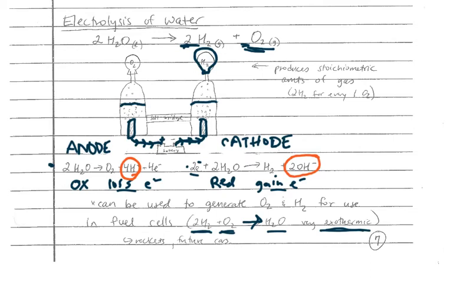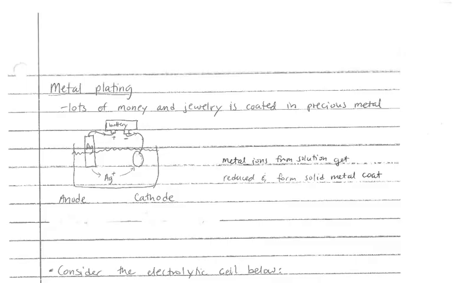So you'll use an indicator to view the change in the pH at each of the electrodes, and you'll also be able to see gas bubbles forming. Oxygen gas bubbles forming on one side and hydrogen gas bubbles forming on the other side. And you'll see the bubble sizes are different. So that's a cool observation to look forward to.